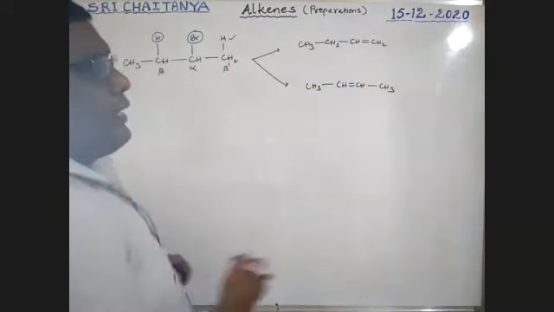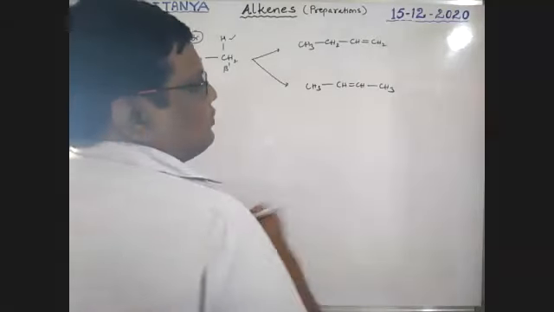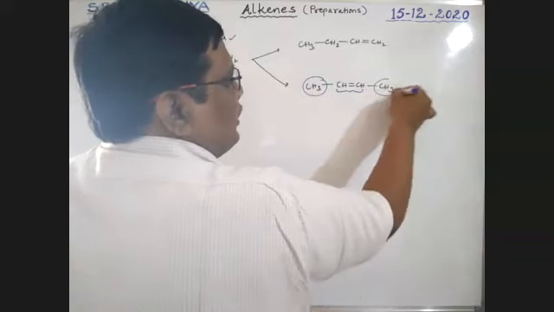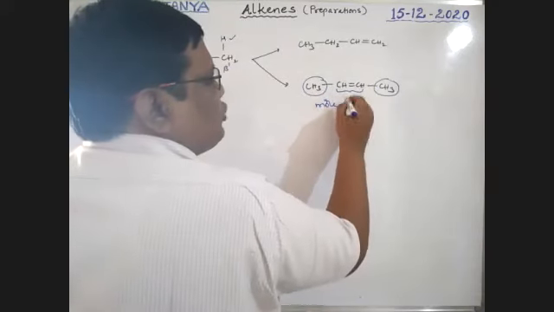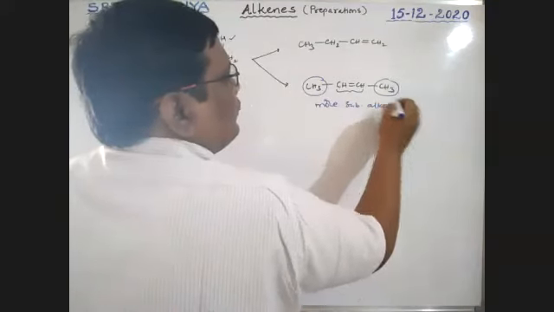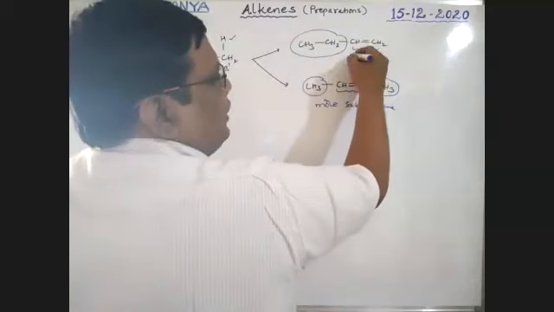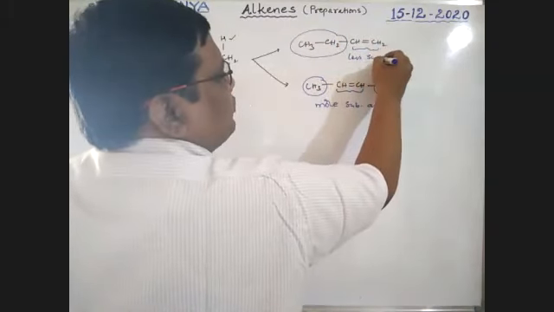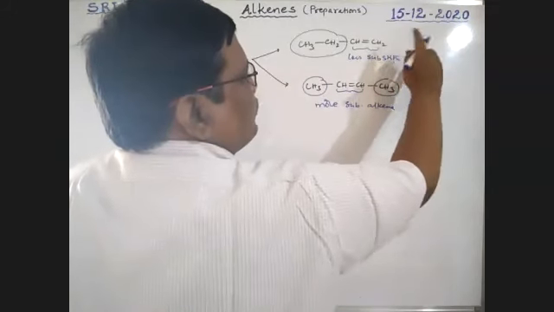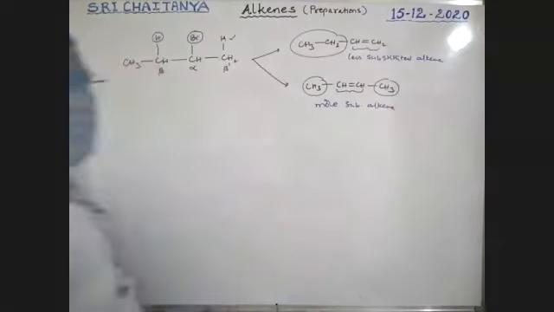Here the double bond carbons are substituted with two alkyl groups, so it is the more substituted alkene. In the other, only one group is substituted, so it is the less substituted alkene.